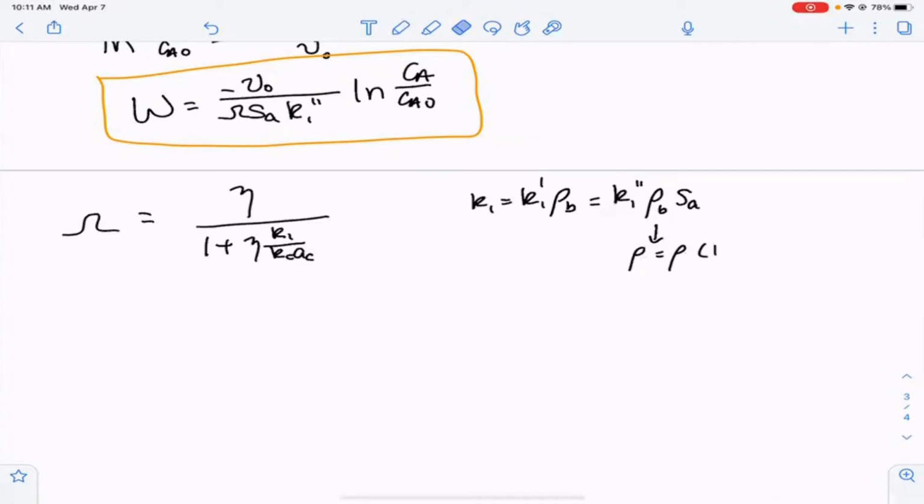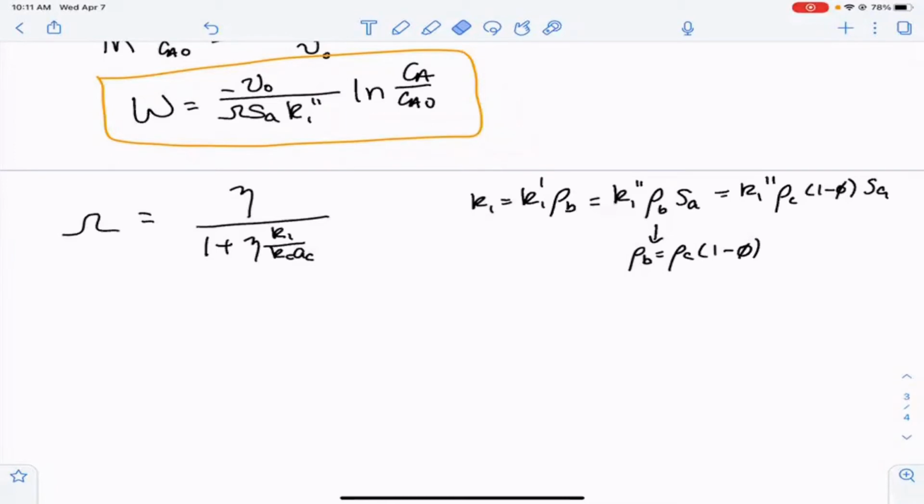That rho B, I apologize, is equal to the bulk density times 1 minus the porosity. So actually this thing becomes K1 double prime times rho C times 1 minus the porosity times the surface area. Okay.